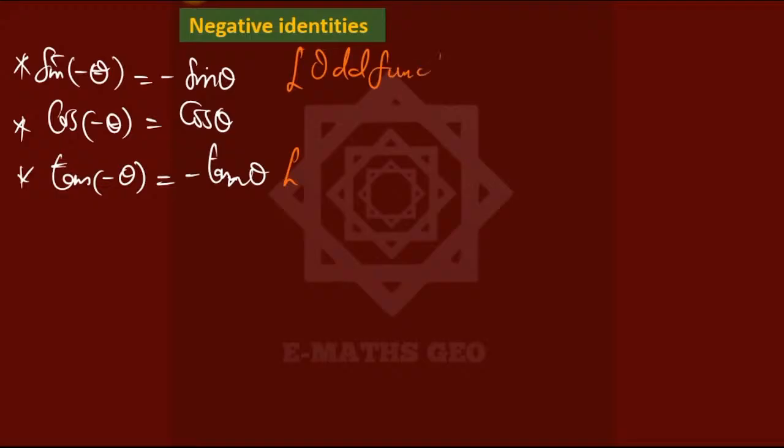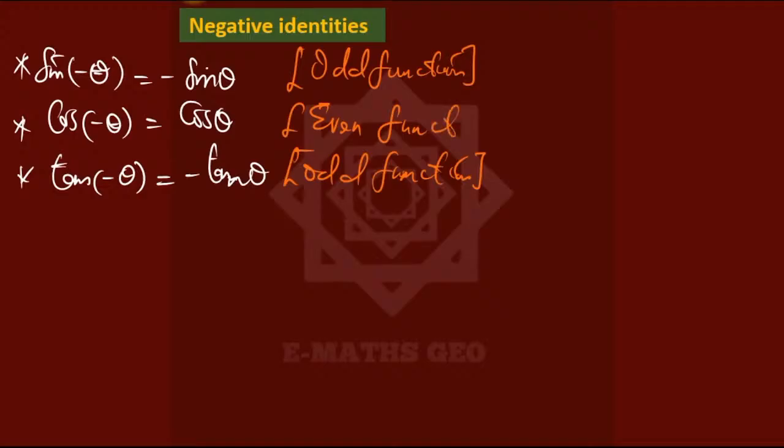We won't go deep on that, just knowing. So these are odd functions, while cos is an even function. Just know it.